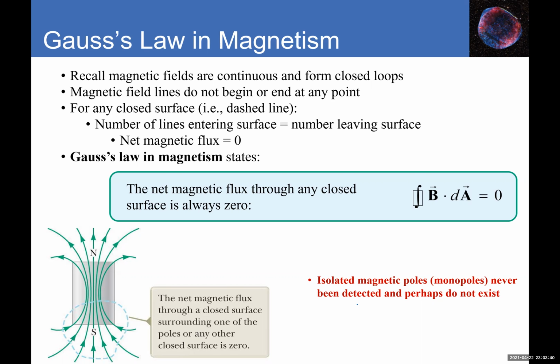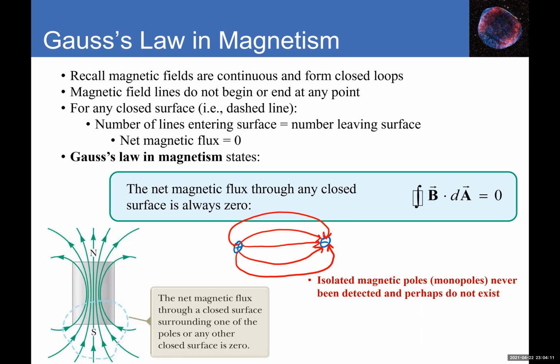The electric field is not continuous because it has a starting point and a termination point. Remember, if we have a positive charge and a negative charge, the electric field starts from positive and ends at negative, and so on. So there is a starting point and an end point.